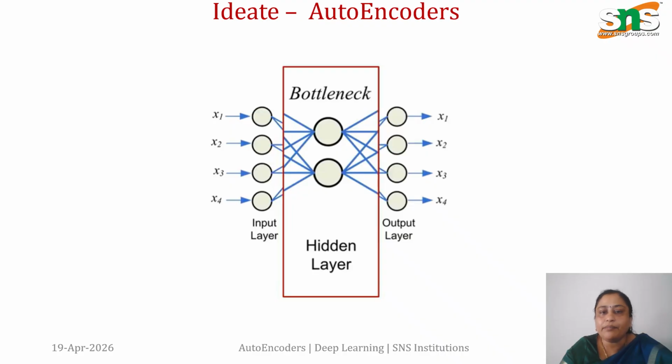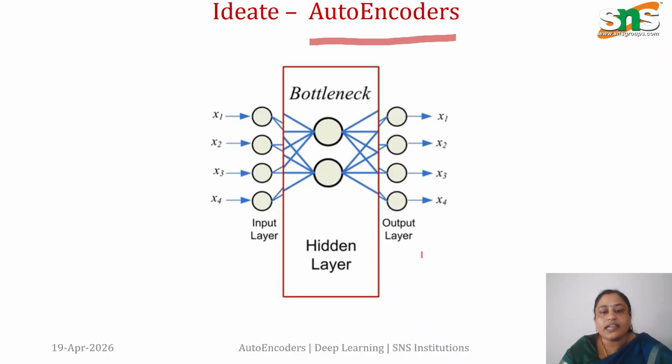Let's see in brief the architecture of an autoencoder. The two main components are the encoder part and the decoder part. The input data, which might be an image, audio or video, is fed to the input layer, that is your encoder architecture.